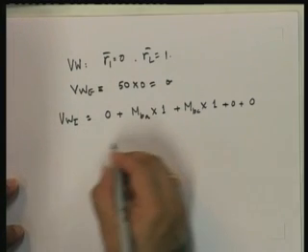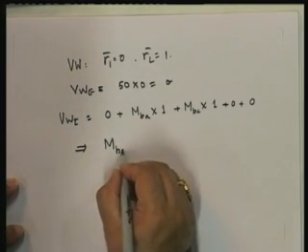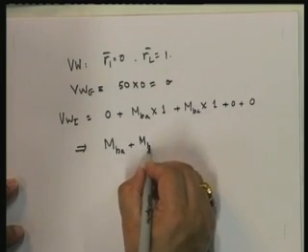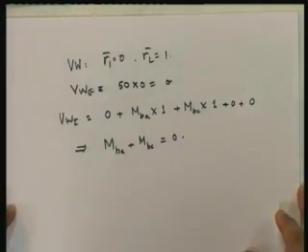Therefore the second equation becomes our most common MBA plus MBC is equal to 0, which we know already.